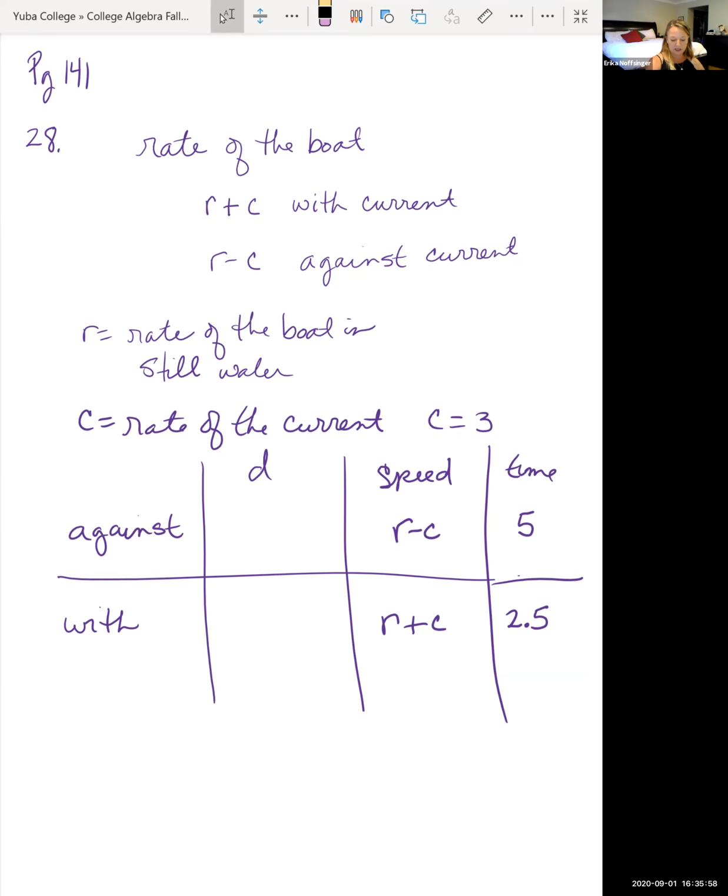So let's use facts that we know. We know that distance equals rate times time. And if this is equal to, or speed times time, for against, well, we know the speed, which is R minus C, all times the time it took, which is 5.